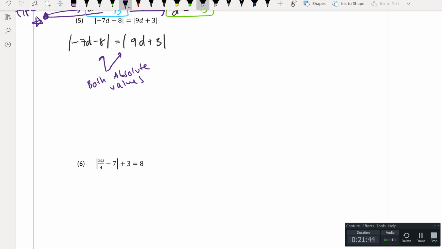It doesn't matter which is which. I don't care if you do the left-hand side as positive or negative, or the right-hand side as positive or negative. But one of them has to stay exactly the same, and the other one is going to turn into the positive and negative. So let's say we're going to choose this side to be split into the positive and negative new equations.